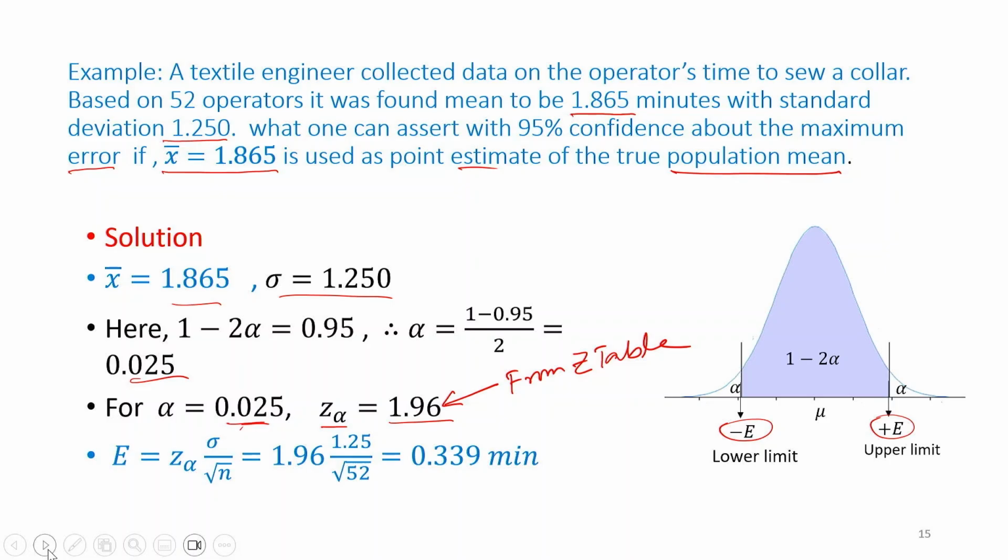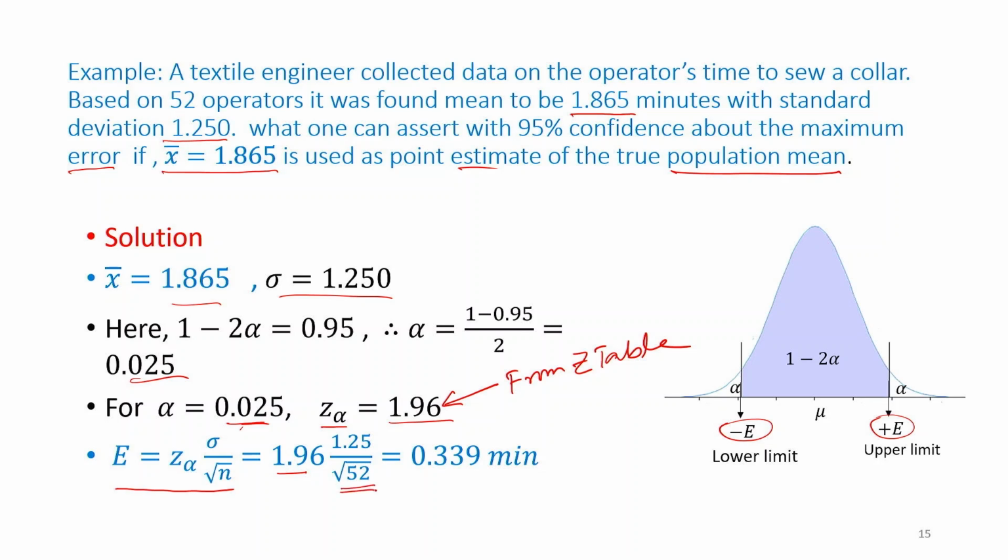Okay. So now, this formula E is equal to Z alpha sigma by root n. Straight away we substitute the values. We have all the values with us now. We know Z alpha is 1.96, sigma is 1.25, and the number of samples is 52 operators.